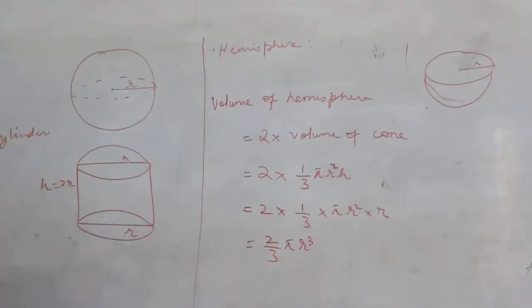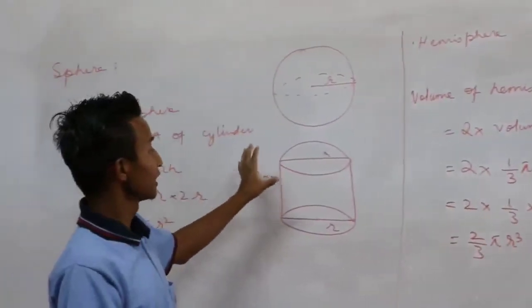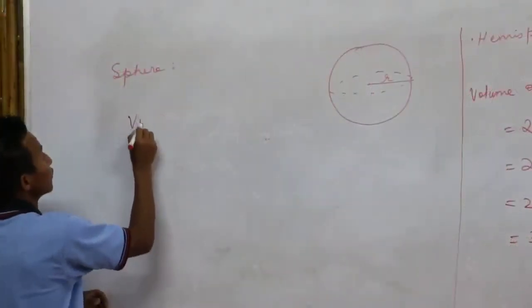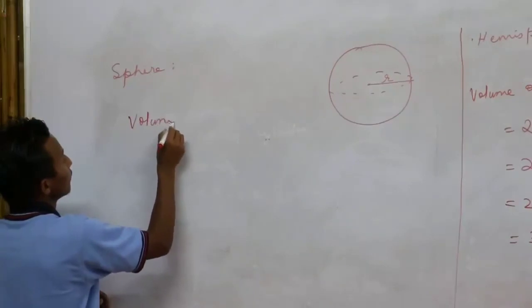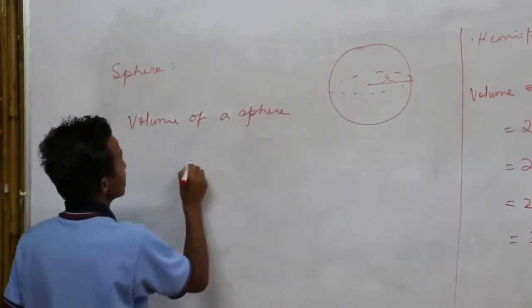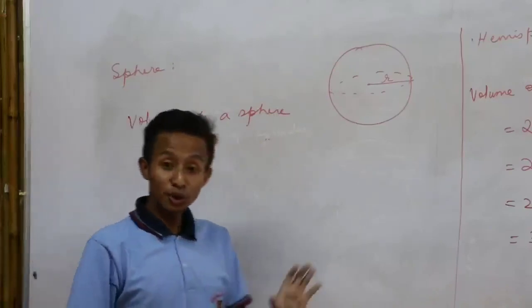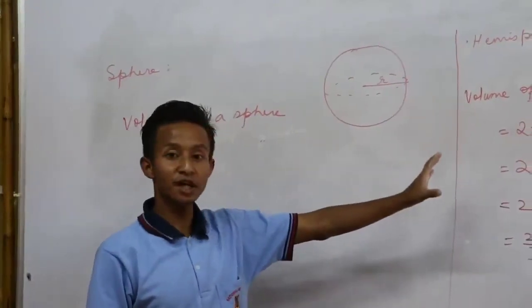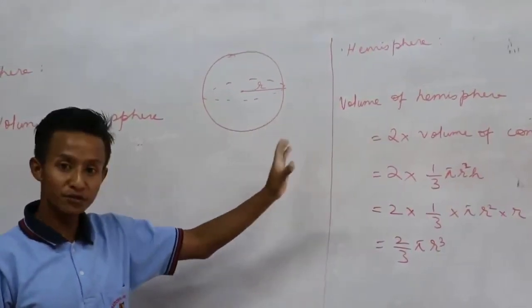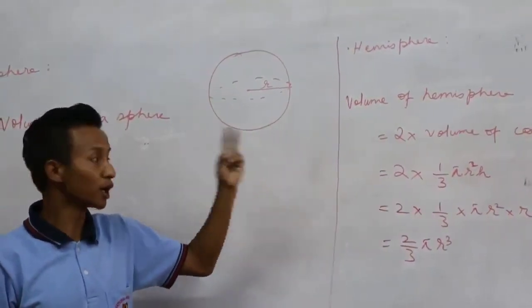So now we are going to find the volume of a sphere. You know that 2 hemispheres will equal 1 sphere.